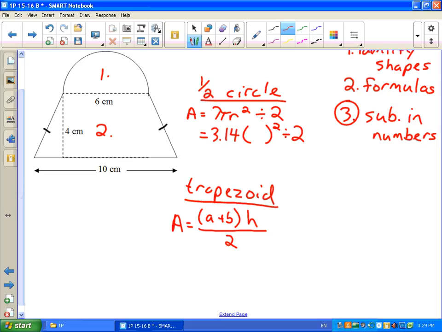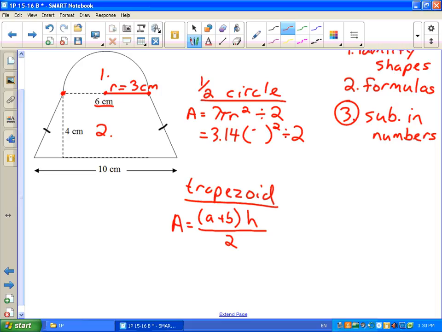If I look up at my half circle, I see a line that goes all the way from here to here, labeled as 6 centimeters. The radius starts at the center of my circle and goes out to one edge. So if this distance all the way across is 6 centimeters, my radius has to be 3 centimeters.